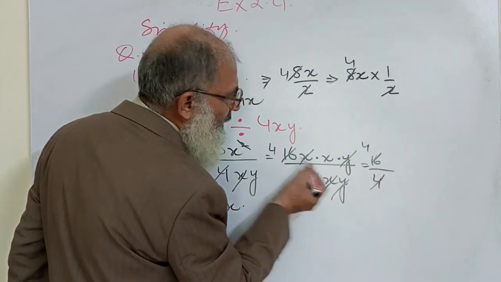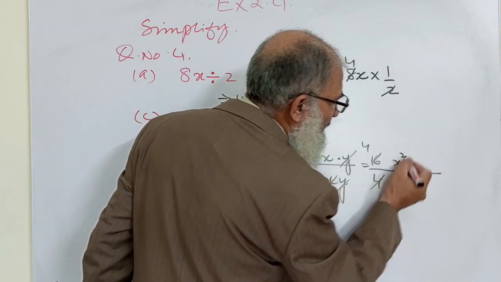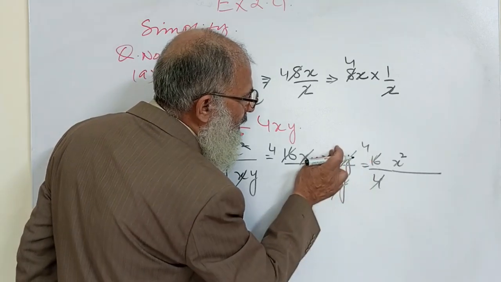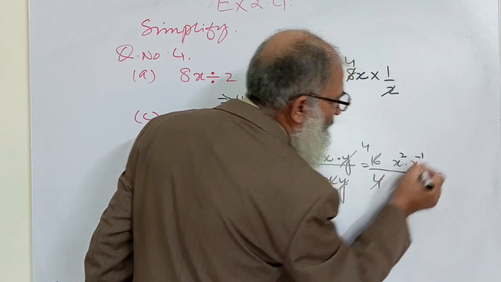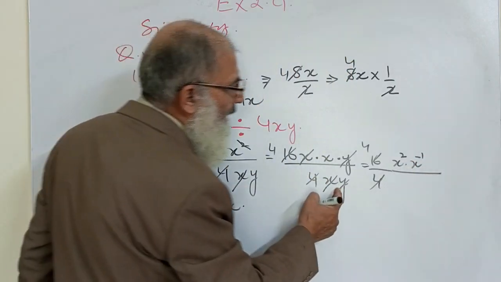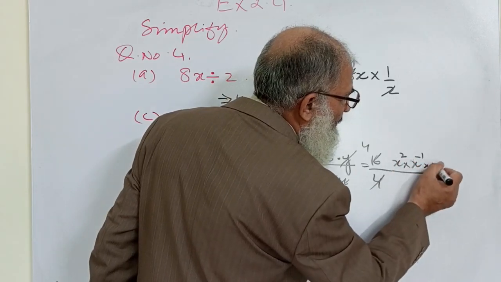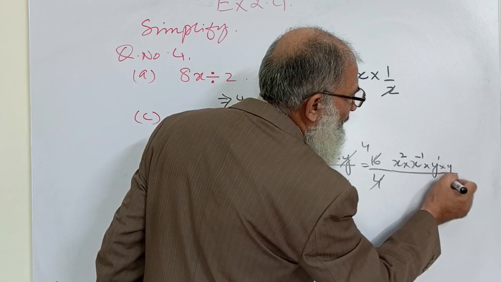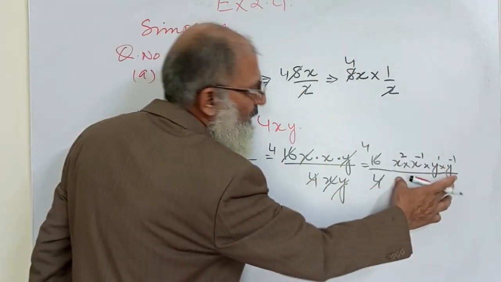Now for this x square, if you bring this x into the denominator, it will become x to the power minus 1. And for this y, these are multiplied with each other, 1 multiplied by minus 1. This is far more technical.